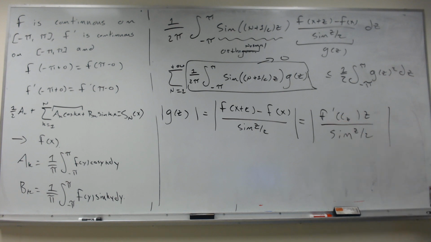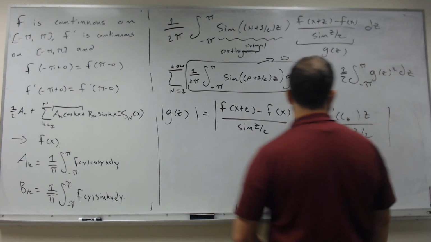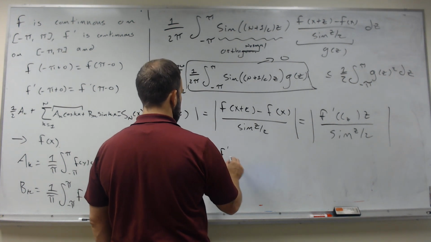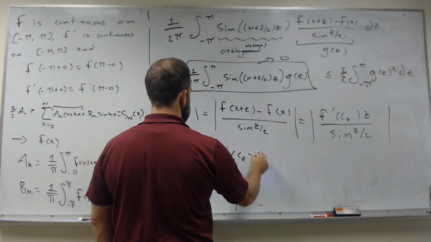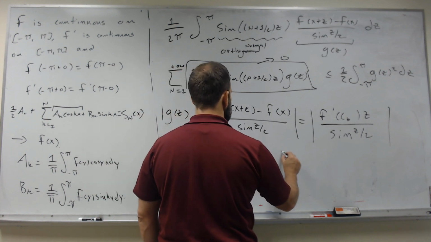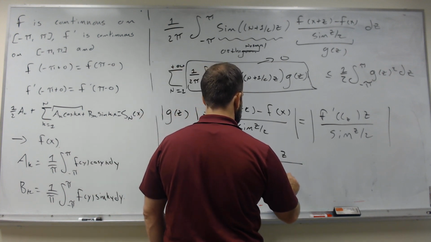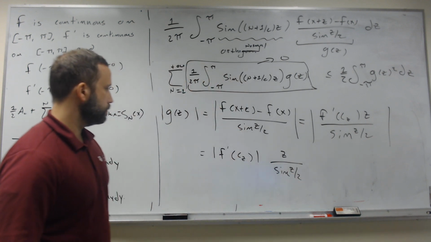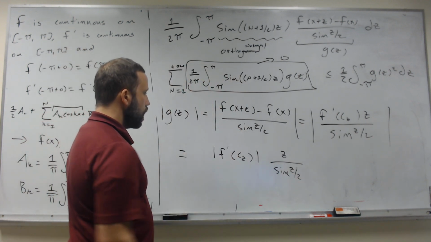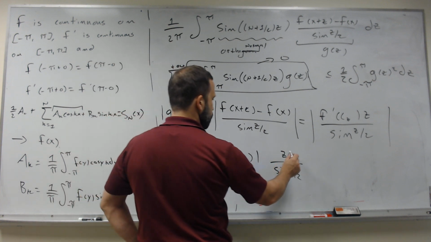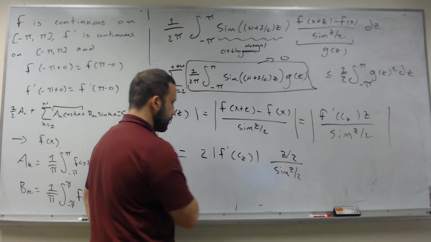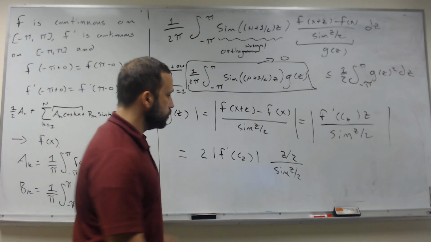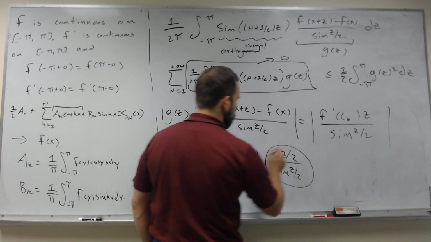So this is equal to the absolute value of f prime of c sub z times z over sine of z over 2. If I divide here by 2 and multiply by 2 out here, the reason I want to do that is because we learned in calculus that this function is bounded.